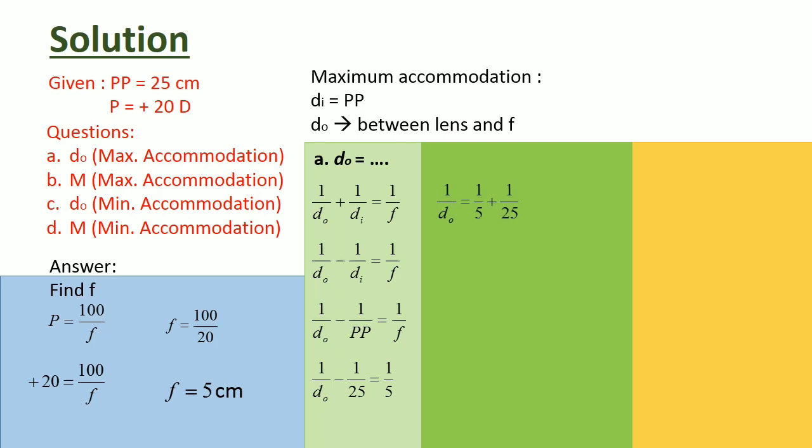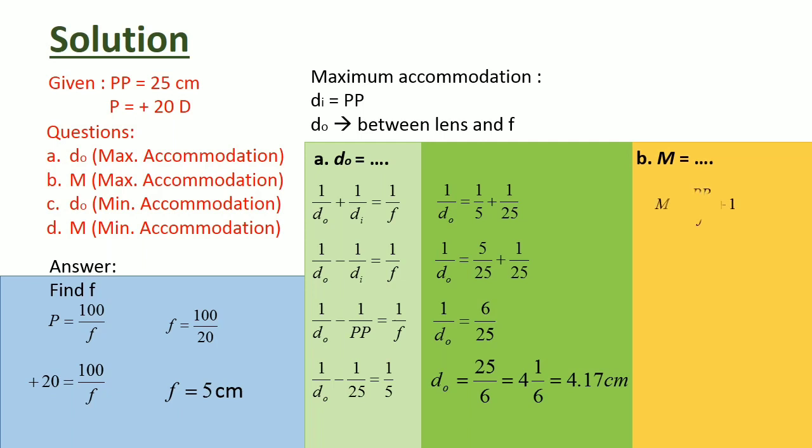So we must make 1 over DO the subject of the equation, so you will have 1 over 5 plus 1 over 25. So 1 over DO will be equal to 5 over 25 plus 1 over 25, or 1 over DO will be equal to 6 over 25. So DO will be equal to 25 over 6, which is equal to 4.17 centimeter.